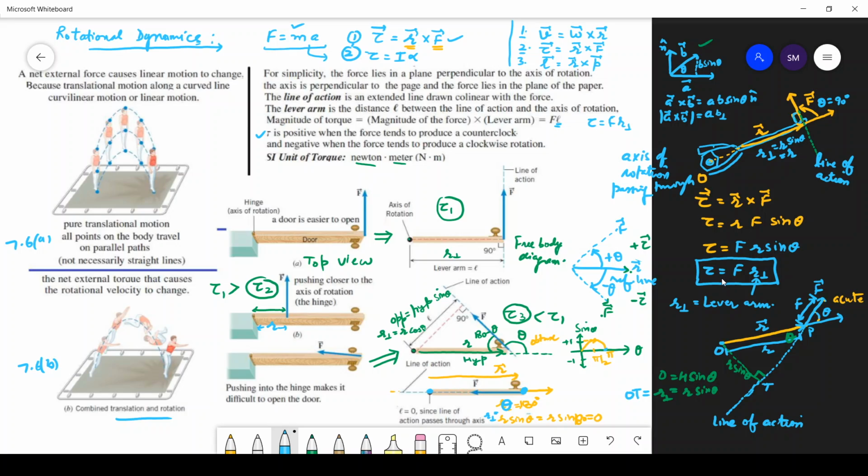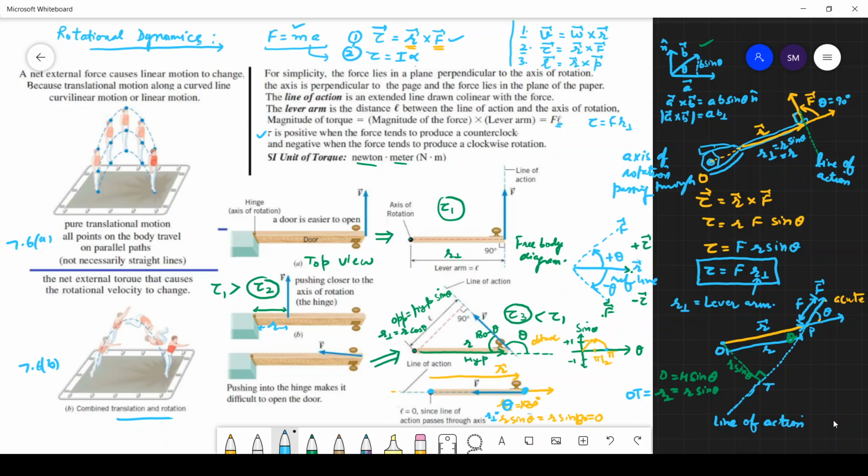I hope you have understood it clearly. Yes, sir. Noted it down. Shall we move forward? Yes. So tau is 0 if either r is 0 or F is 0 or theta is equal to 0 or 180 degree.